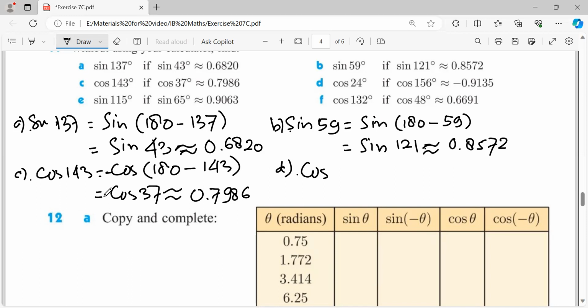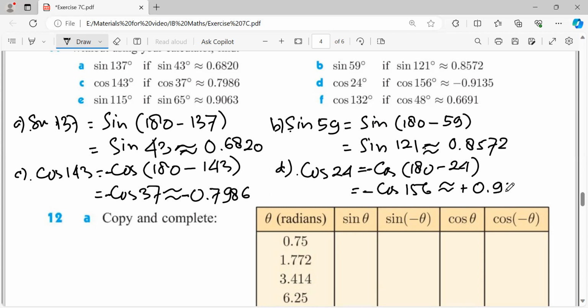Yeah, it's negative. And cosine 24 equals negative cosine (180 minus 24), negative cosine 156, equivalent with negative, it becomes positive, positive 0.9135.